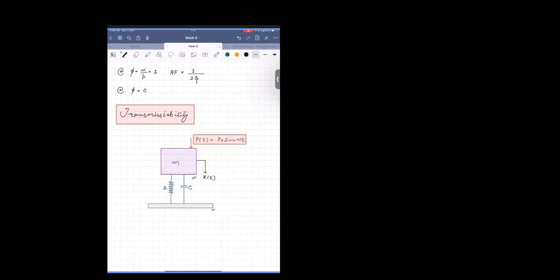We already know its steady state response x of t, which we derived just a few minutes ago, as the maximum static deflection x static naught sine of omega t minus phase angle alpha, divided by the square root of (1 minus phi square) whole square plus 4 theta square phi square.